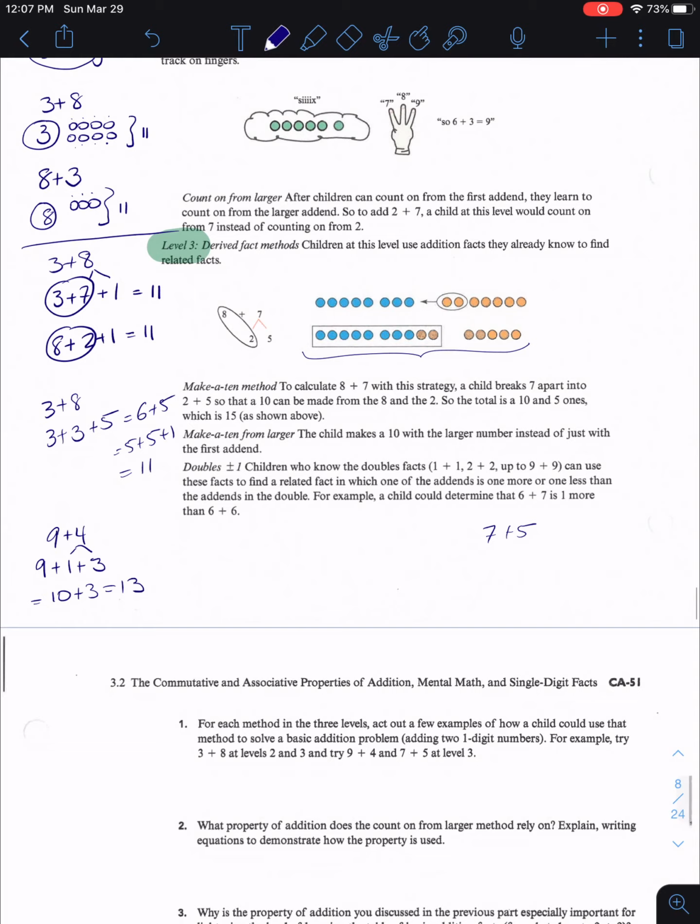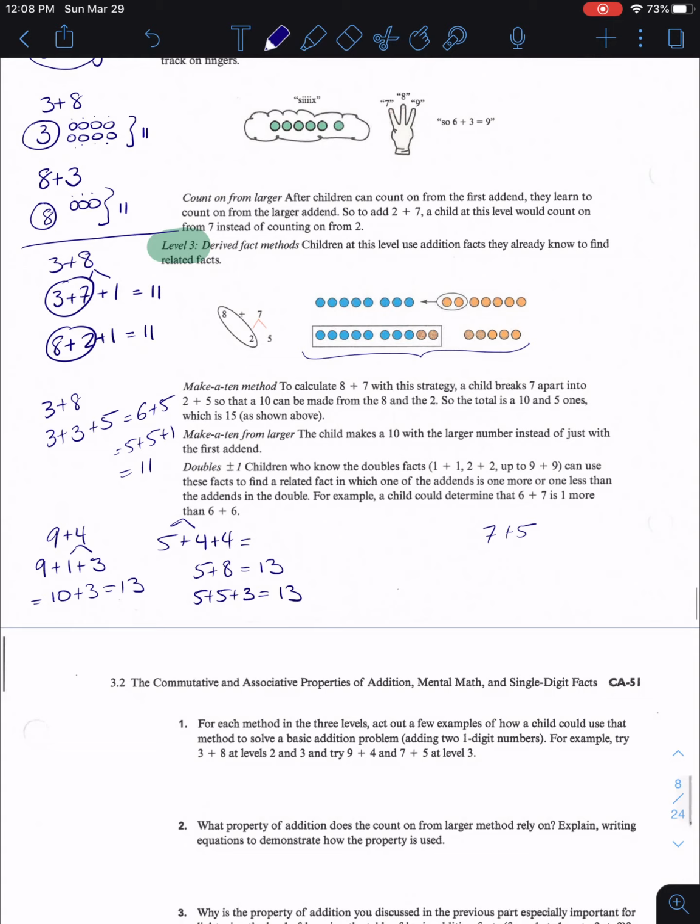That was the one from making a 10 from a larger number, just because that was the order in which it was given. Now, in terms of doubles, we can say 4 plus 4, because we split 9 into 5 and 4, which is 5 plus 8, which is 13. And they could figure that out in a range of different ways. They could say that's 5 plus 5 plus 3. That's 13.